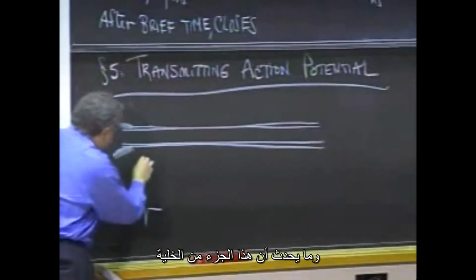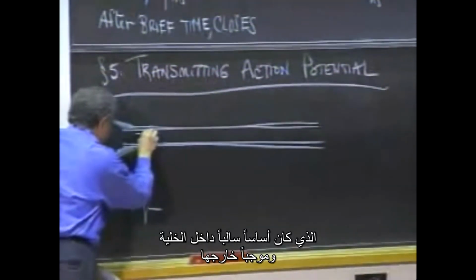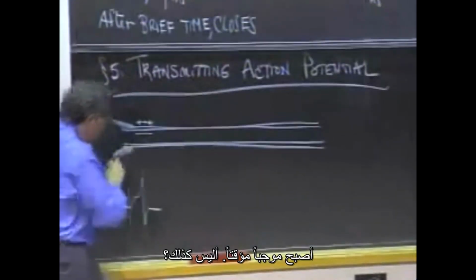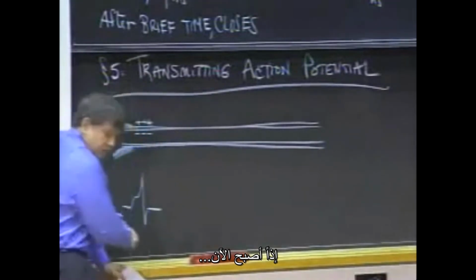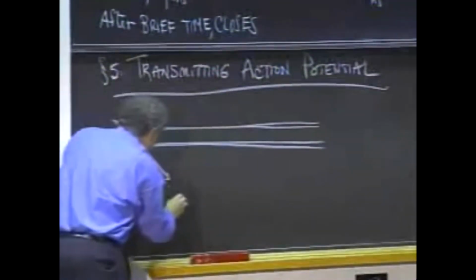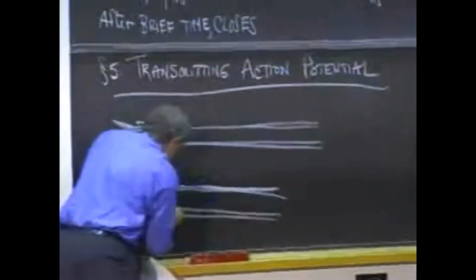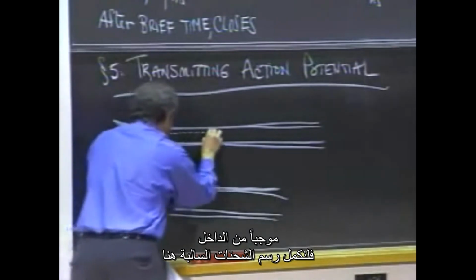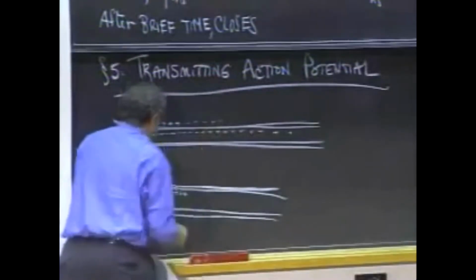Well, what happens is this part of the cell was originally minus, minus, minus inside, plus, plus, plus outside. It becomes positive temporarily, right? So let's go minus along the whole cell here, plus, plus, plus outside.